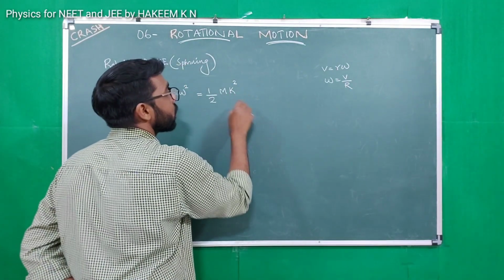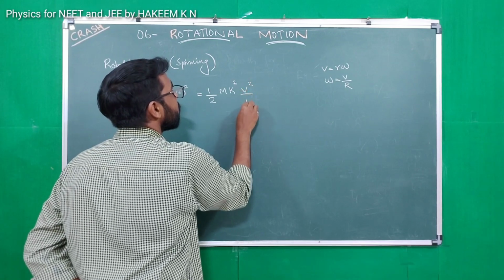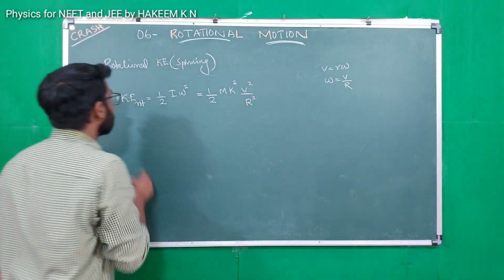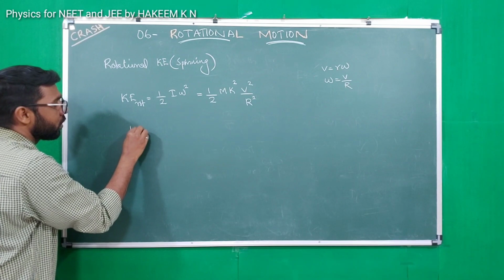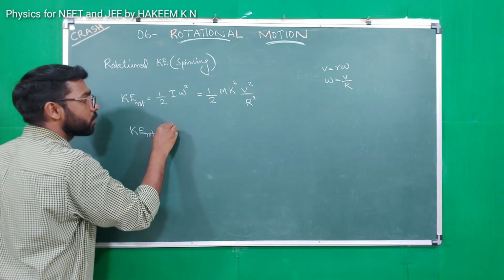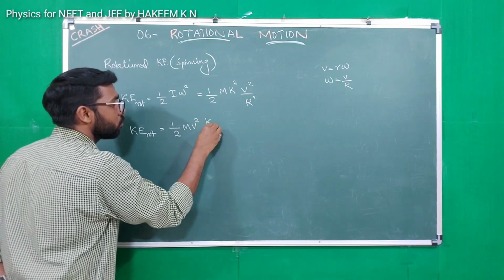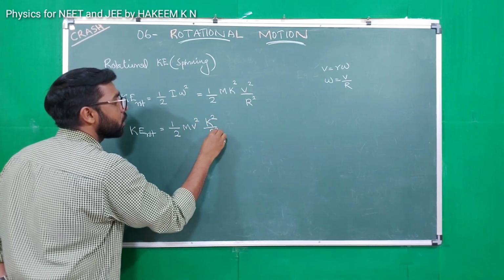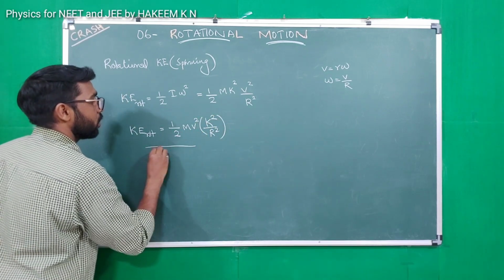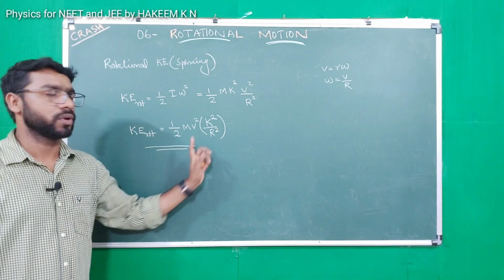For radius we are giving capital R, so we get v square by r square. So kinetic energy rotation equal to half mv square into k square by r square.